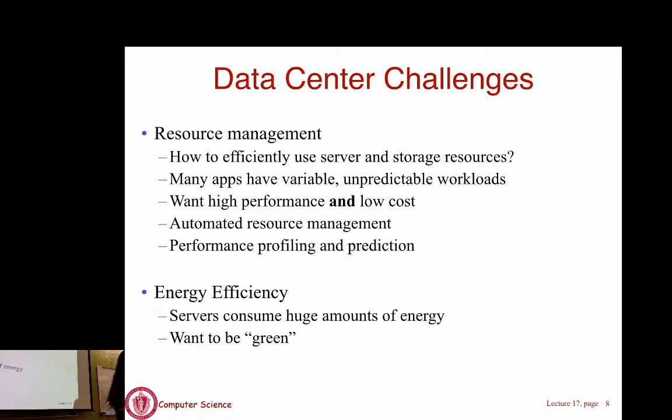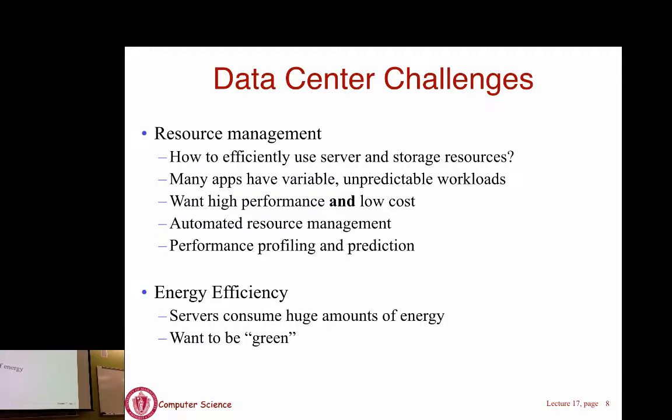And on the other hand, think about the Thanksgiving season, which is coming up soon. It's not unpredictable, but you definitely cannot predict how much shopping people are going to do online.